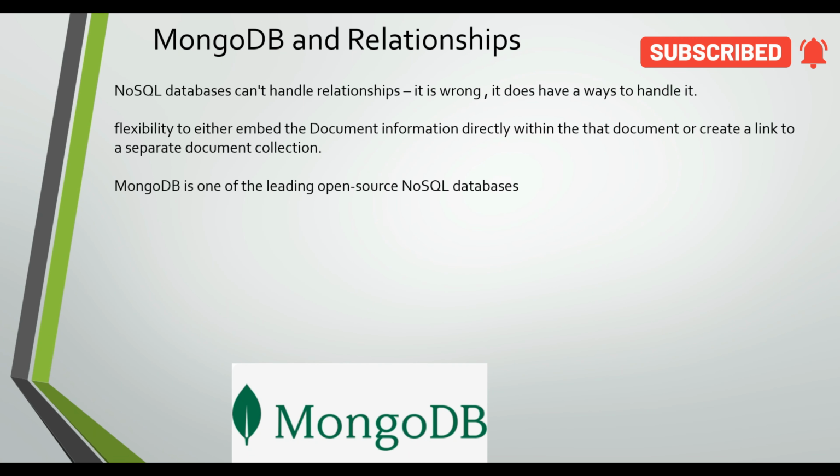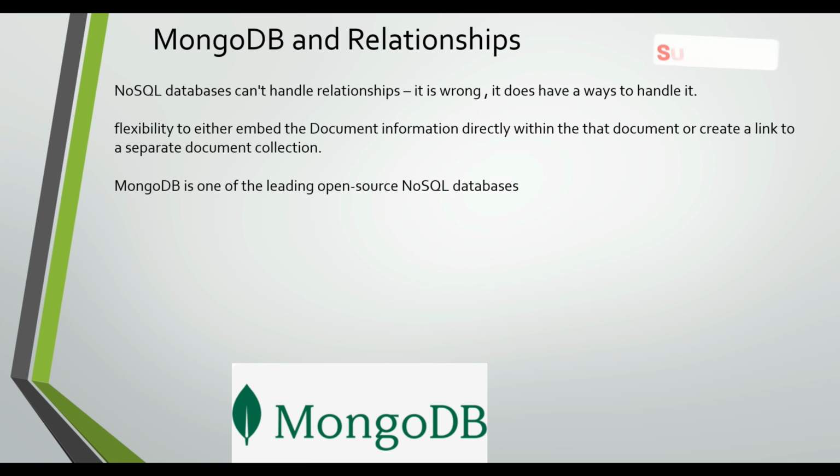The key difference is how these relationships are stored in MongoDB and how they are managed. For example, in a relational database, you might have a separate user table and also maintain a separate order table. These are linked with a common ID, that is the foreign key and the primary key.